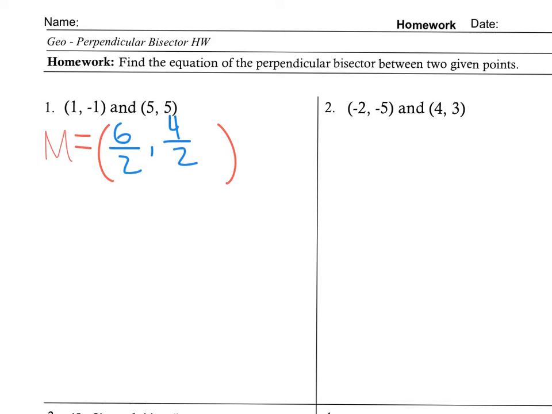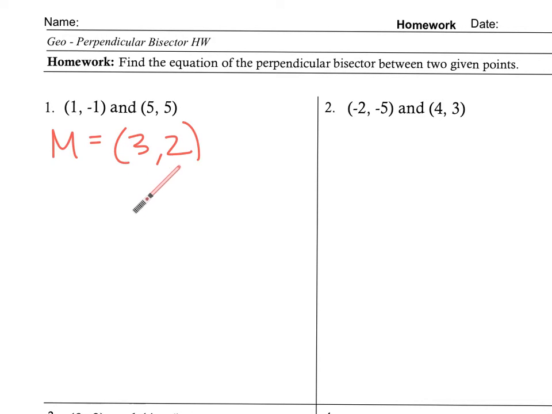So I'm going to have a midpoint of 3, 2, and that'll be the point that the perpendicular bisector has to pass through. We're going to need this value for x and this value for y.